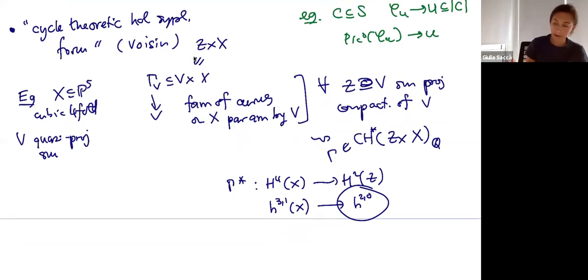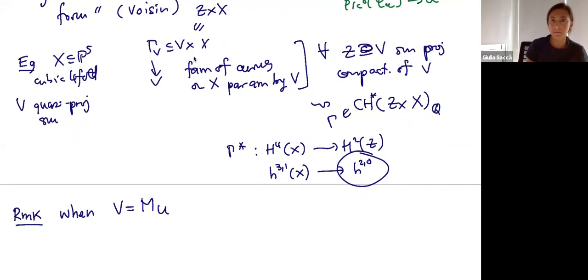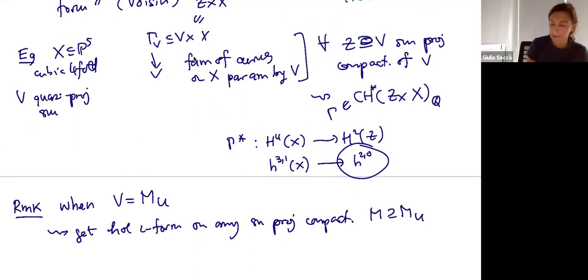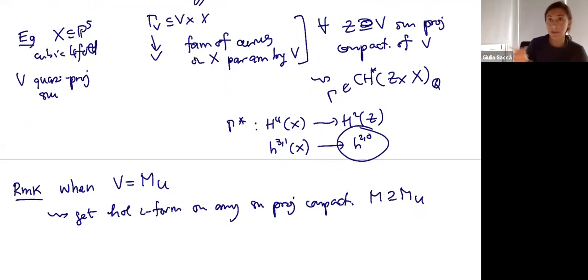And so maybe the remark is that when V is a quasi-projective Lagrangian fibration, then you get a holomorphic 2-form in appropriate circumstances on any smooth projective compactification M of V, and the Lagrangian fibration structure gives you a way of checking if the form is non-degenerate.